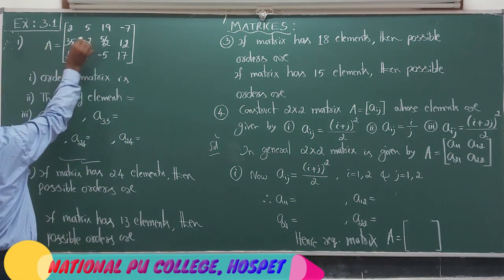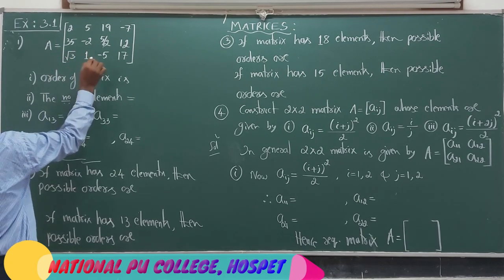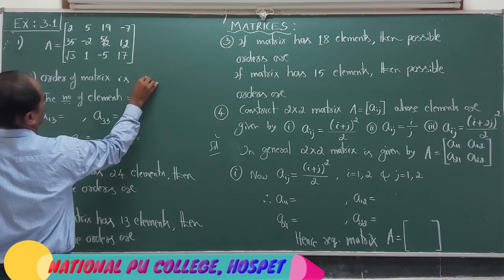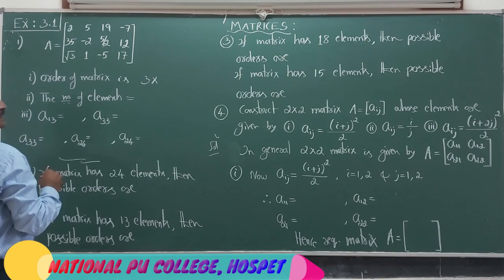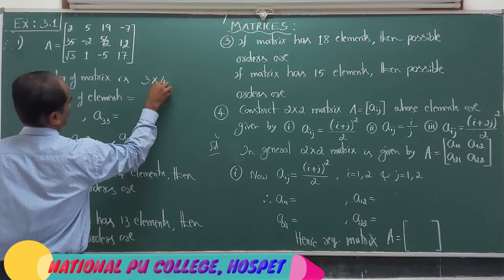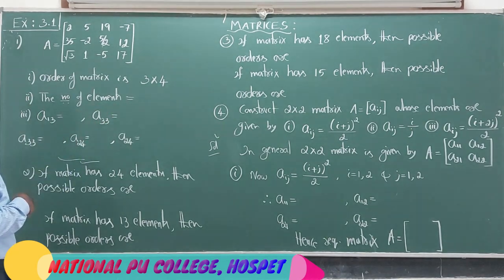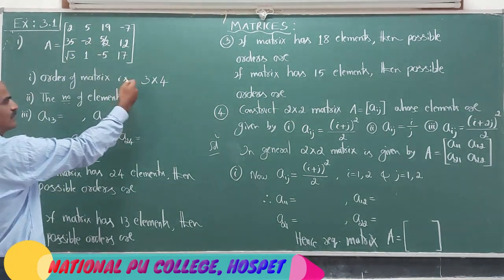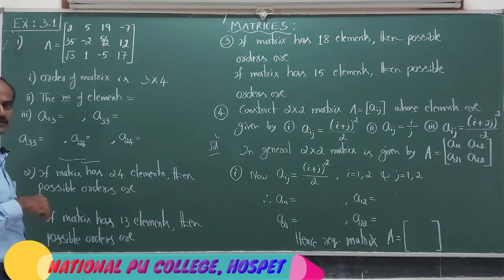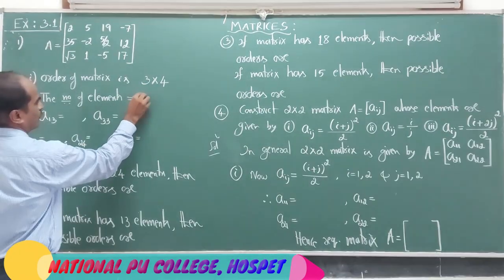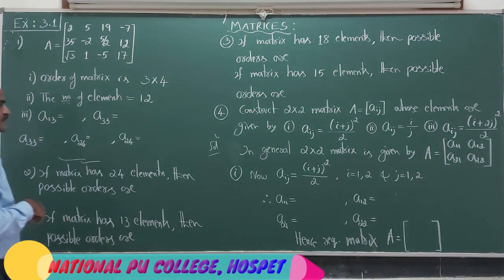Count how many rows are there. 3 rows are there. So the number of rows is 3, number of columns is 4, therefore the order of the matrix is 3 by 4. Then the number of elements they are asking. Either you can count or just multiply the number of rows and columns: 3 into 4, 12. 12 elements are there.